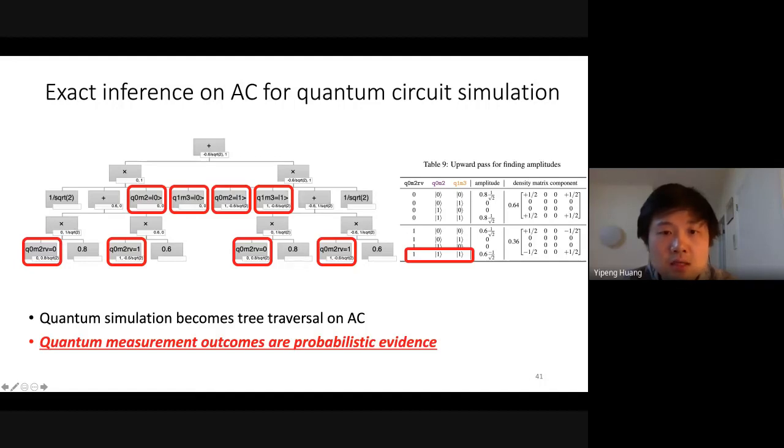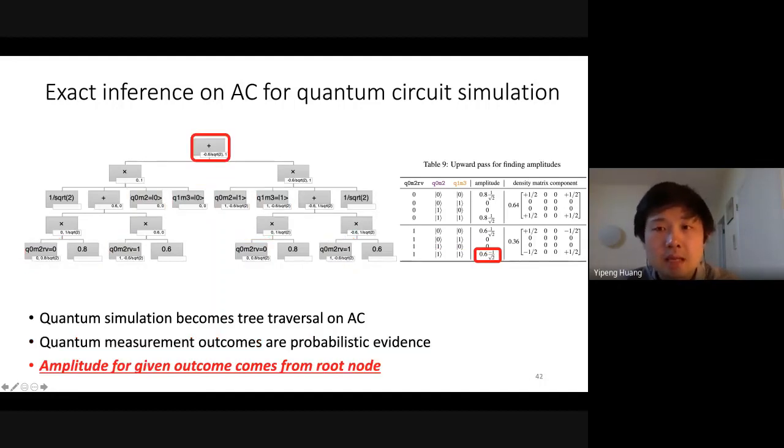And once you've done this progression, percolating up, calculating values up the tree, you will obtain the correct probability amplitude for that state assignment. Okay. And so we've turned the task of quantum circuit simulation from multiplying huge matrices against long vectors into a task of traversing these trees that we've compiled.